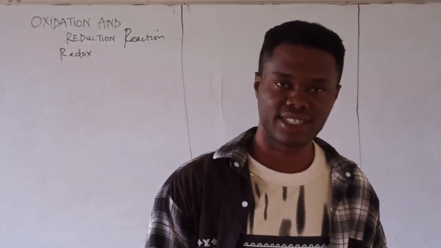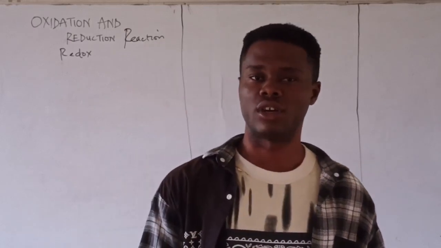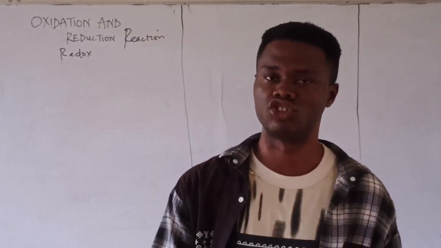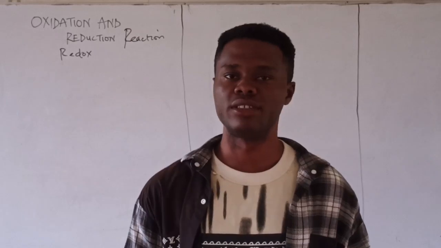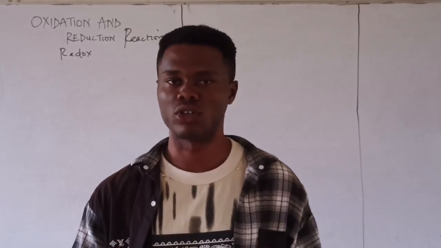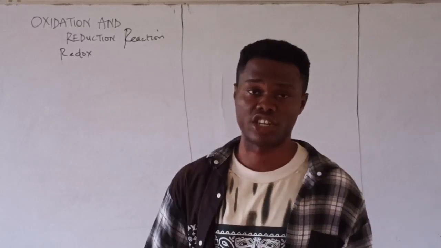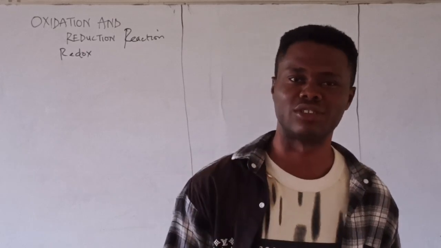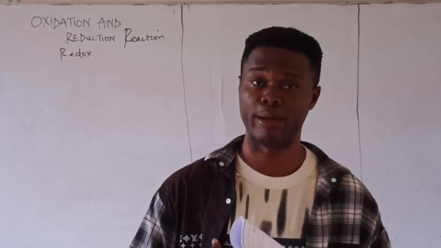So one may ask, what type of reactions can oxidation and reduction be applied on? Oxidation and reduction can be applied by the chemist during electrolysis. When the chemist is working on electrolysis, the reaction that actually occurs there is the redox reaction. Also, you may ask, how does reduction and oxidation affect my personal life in terms of what happens inside my body?